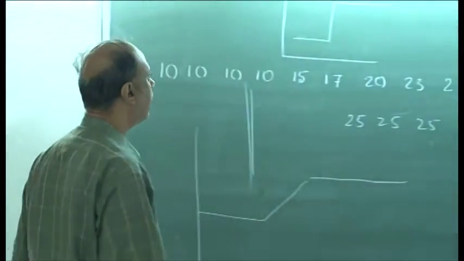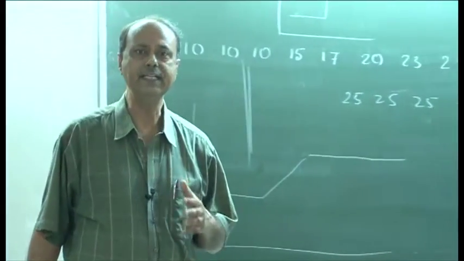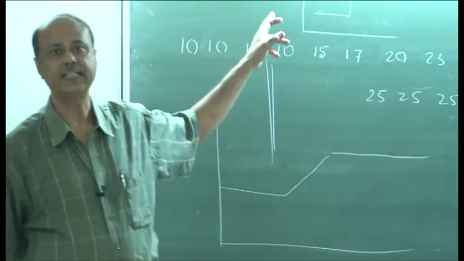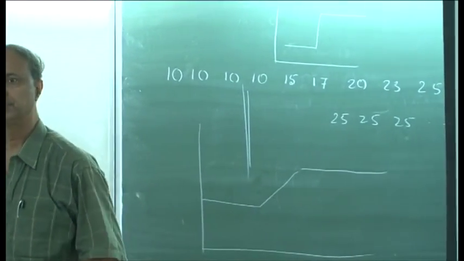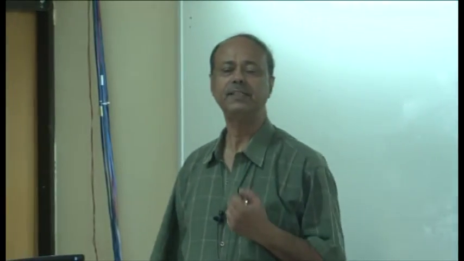So, as I told you that in reality you will not get this type of thing, you will get this type of thing, right. So, if the image is sharp, then you will get only 1 pixel jump, that intensity level is 0, 0, 0, 0 and then suddenly 255, 255, 255.